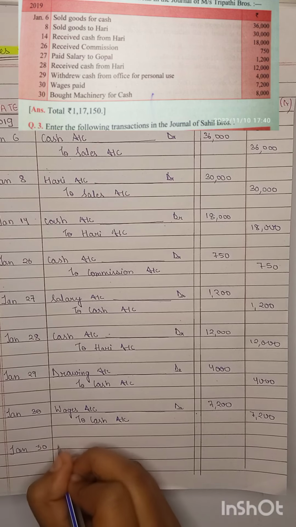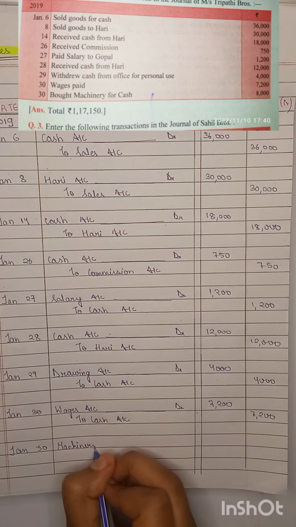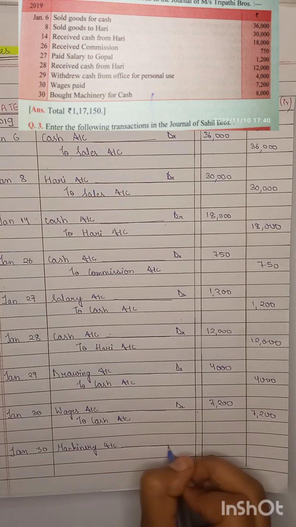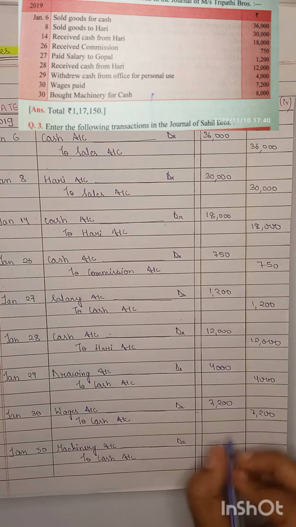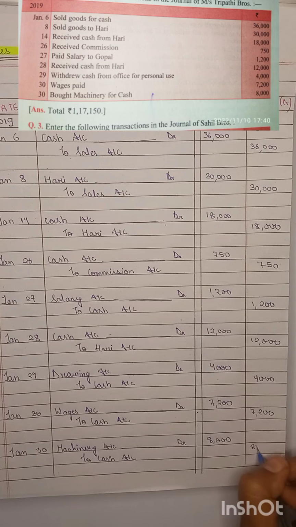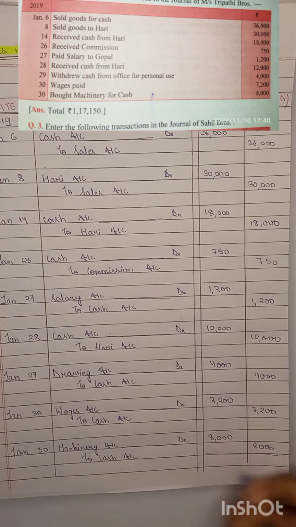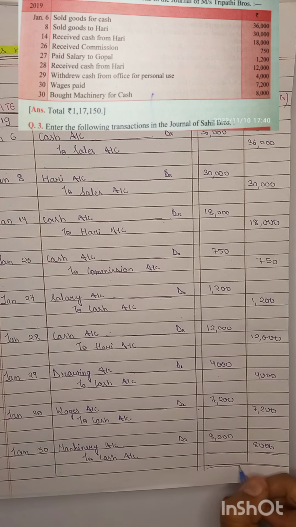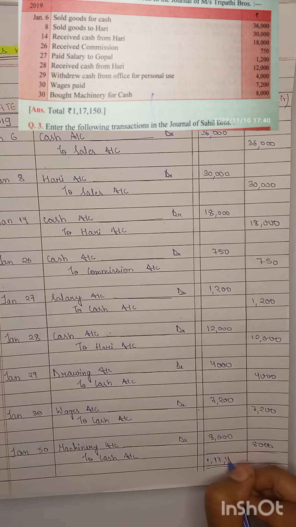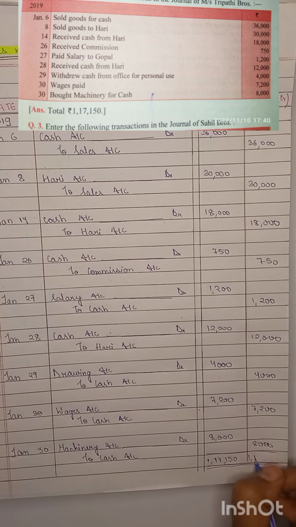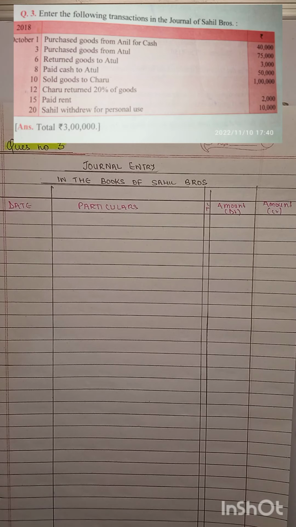January 30, rupees 8,000, and then at last we'll balance both debit and credit amounts. Next, moving on to question number 3. Let's start.